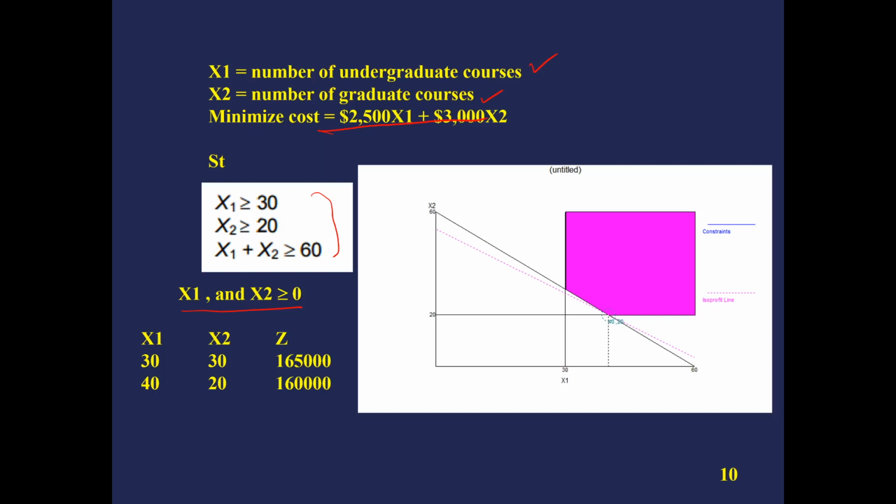This is the feasible region here, shown in magenta color, and we have only two corner points, this corner point and this corner point. Work out these costs, and the minimum cost comes at 40 undergraduate courses and 20 graduate courses. That's it.